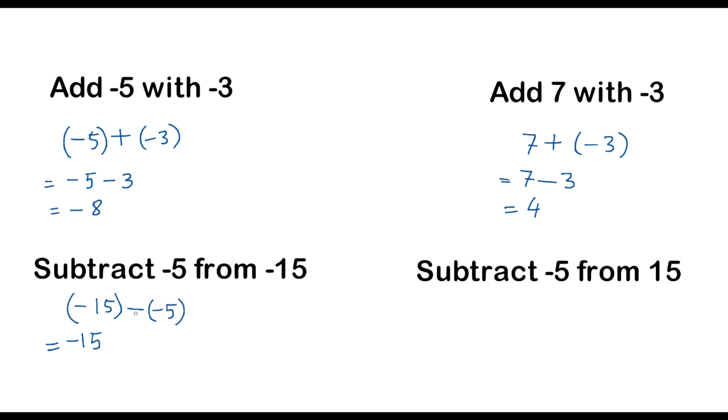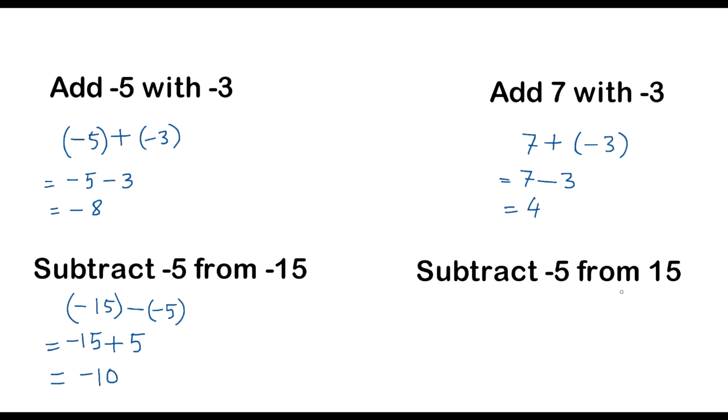Here before negative 5 there is a negative sign, so negative and negative will become positive 5, and now we have one negative number, another positive number. So we will subtract this one from this one. So ultimately you will get 10, but this 10 will be a negative 10 because the bigger number is negative here.